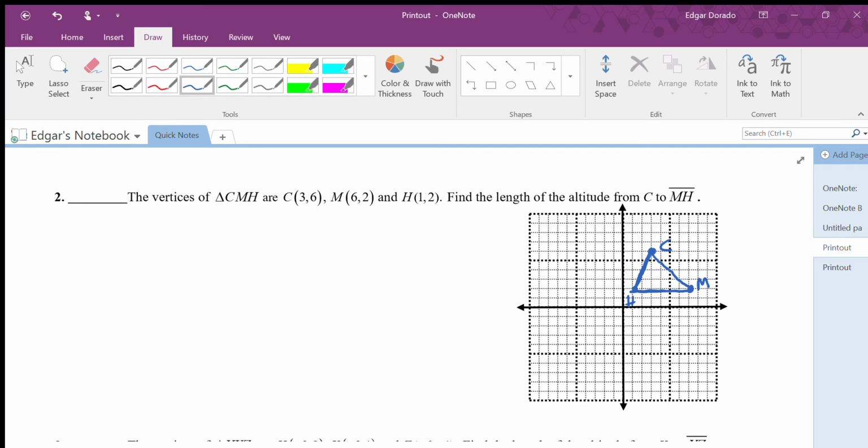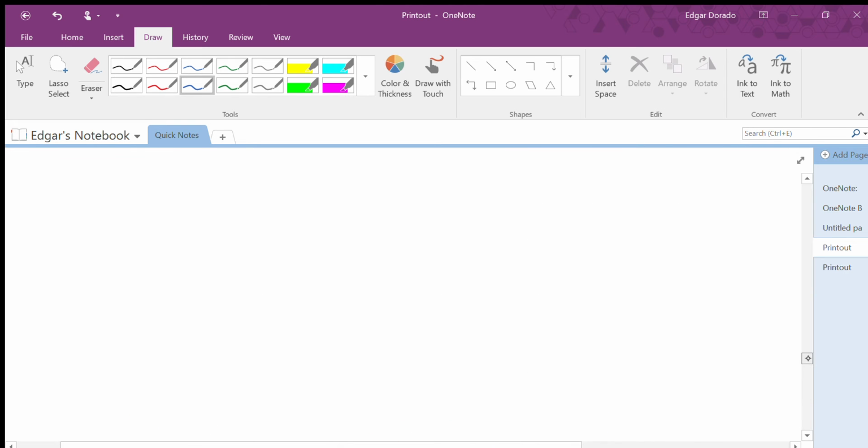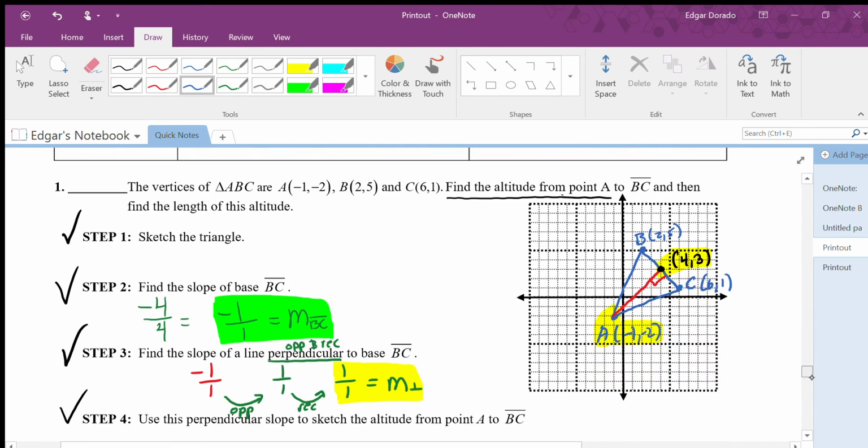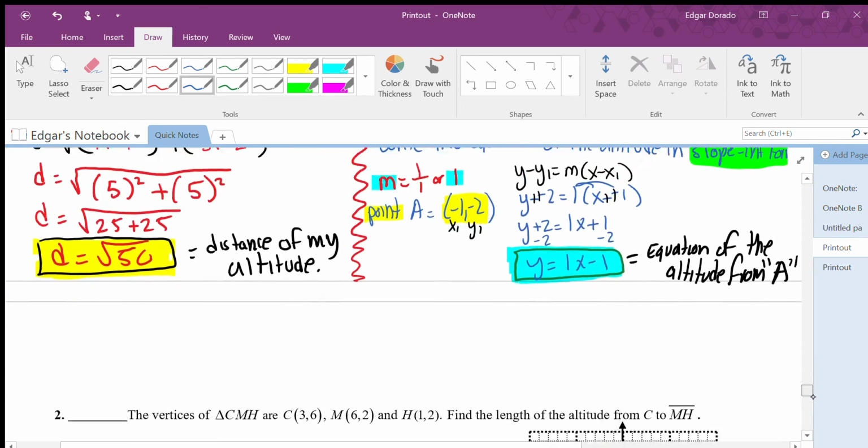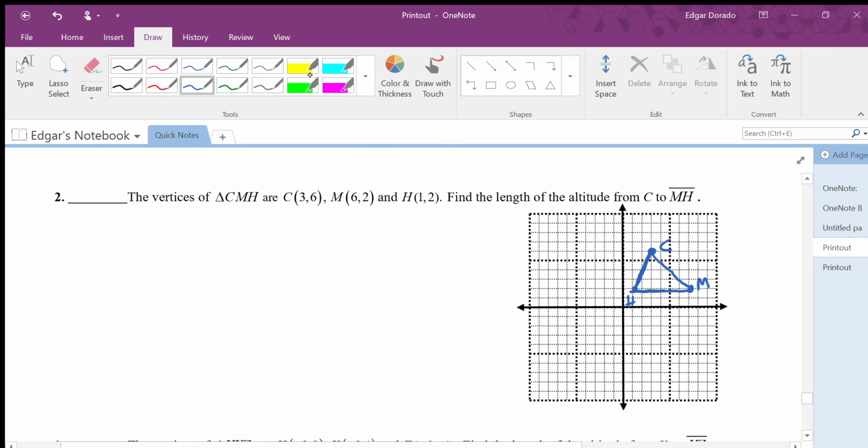Well, we first have to find our altitude in order to find what the length of it is. So we first have to go through our steps. Step 1 was to sketch the triangle. Step 2 is to find the slope of the opposite side. Well, remember, we're finding the altitude from C to MH. So I need to find out what the slope of that is right there.